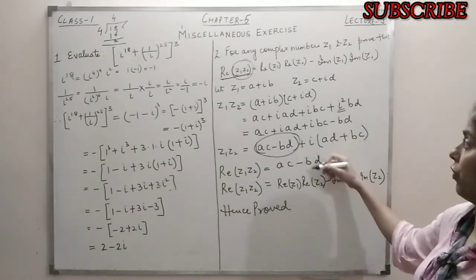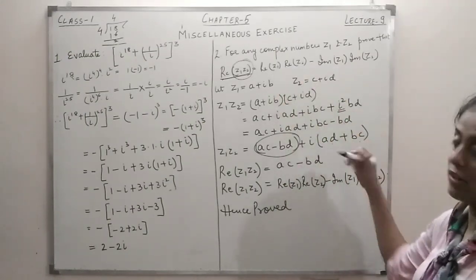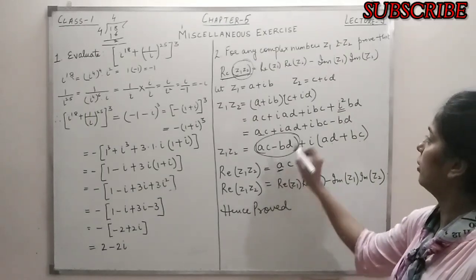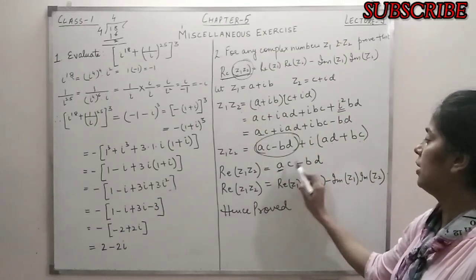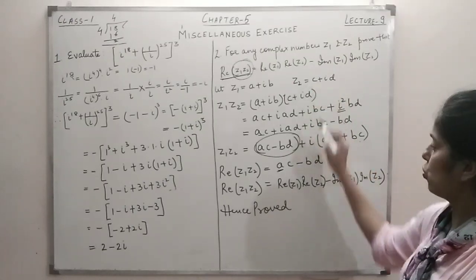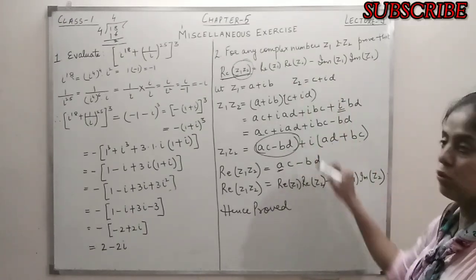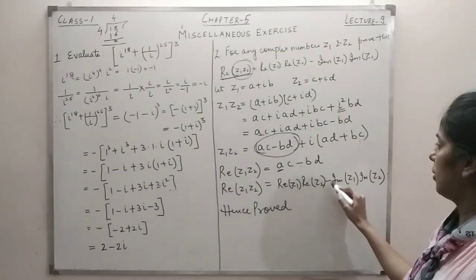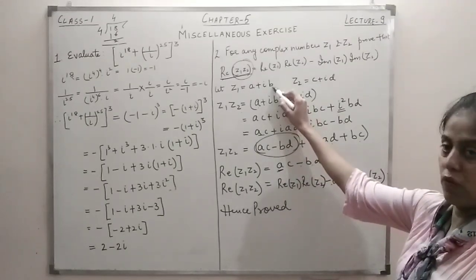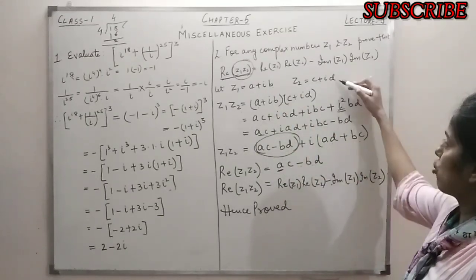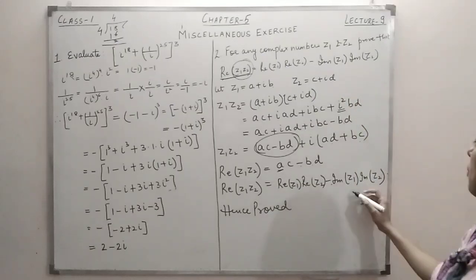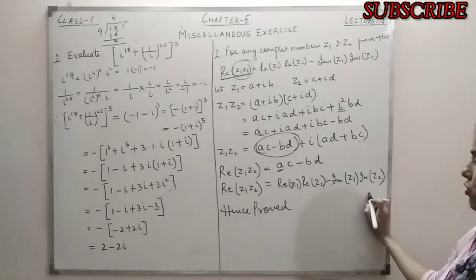That we have to prove is equal to real z1 into real z2 minus imaginary z1 into imaginary z2. So let's check that. A is the real part of z1. C is the real part of z2. That is real z1 into real z2. Minus, b is the imaginary part of z1 and d is the imaginary part of z2. That is imaginary z1 into imaginary z2.